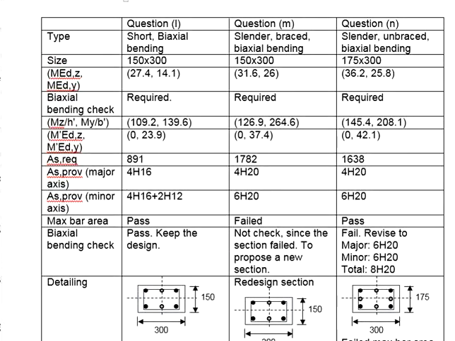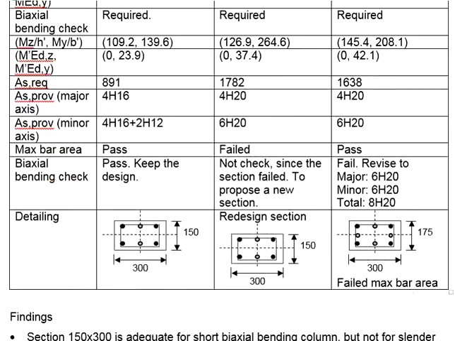As for the slender and unbraced column, which is subjected to biaxial bending, the proposed amount of reinforcement bar in the minor axis will be 6H20. Due to the layout of the reinforcement, which looks something like this, 2 of the H20 reinforcement fall at the neutral axis of the major axis.